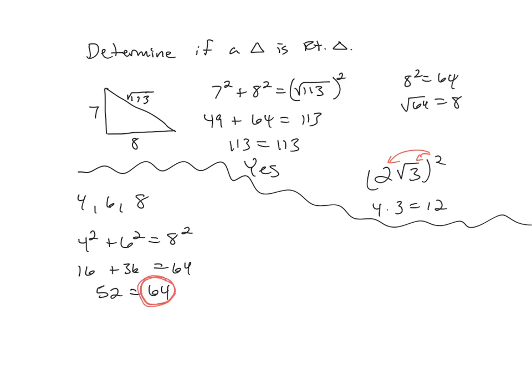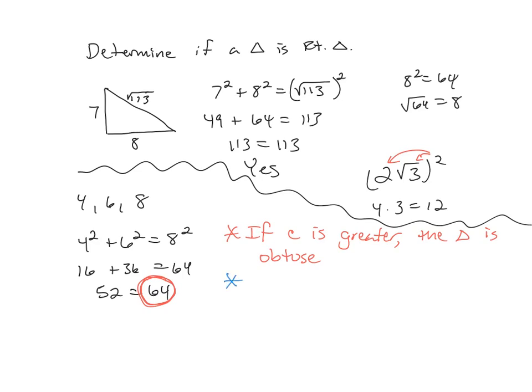Okay, so if C is greater, the triangle is obtuse. That means it'll have an angle in the triangle bigger than 90 degrees.